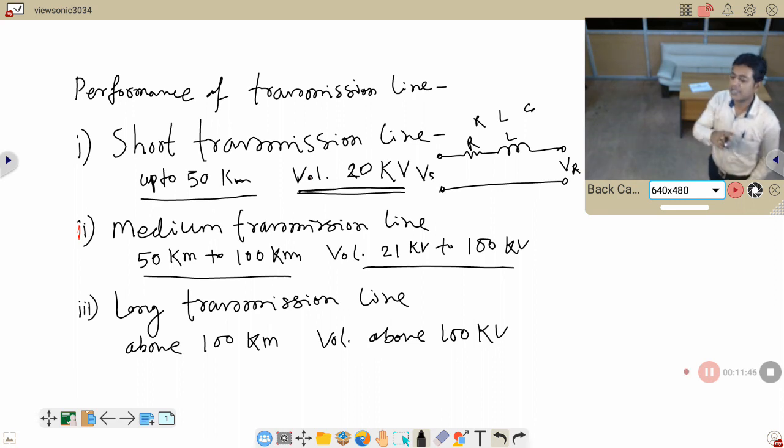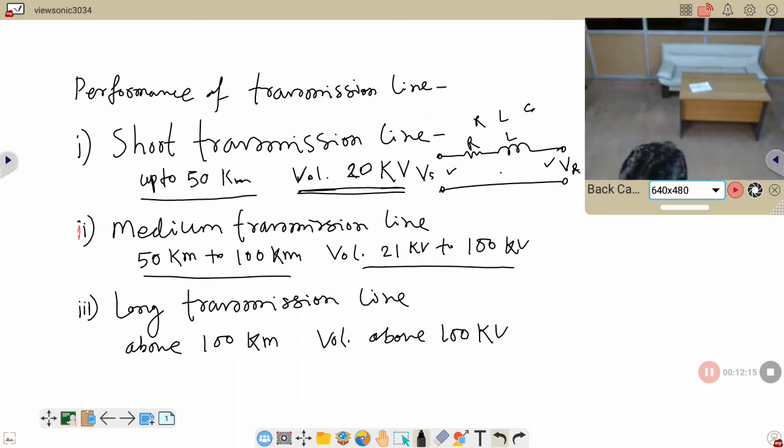Practically, the capacitance may be formed throughout the transmission line, but here it may be formed at the sending end, at the receiving end, or in between the sending end voltage and receiving end voltage. Based on this, the medium transmission line is categorized into three different parts.